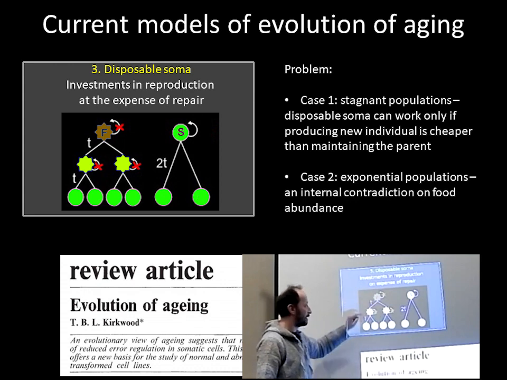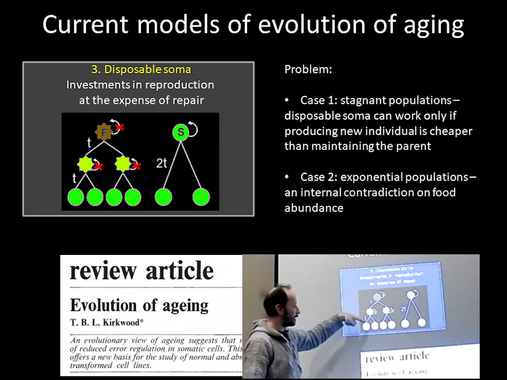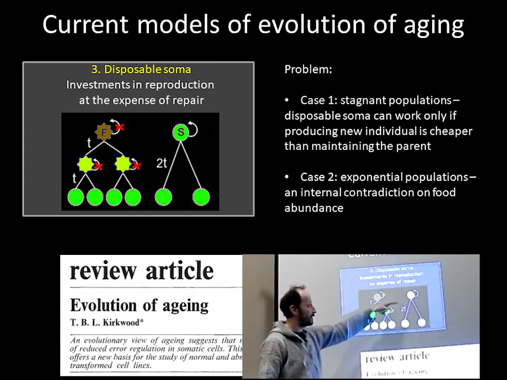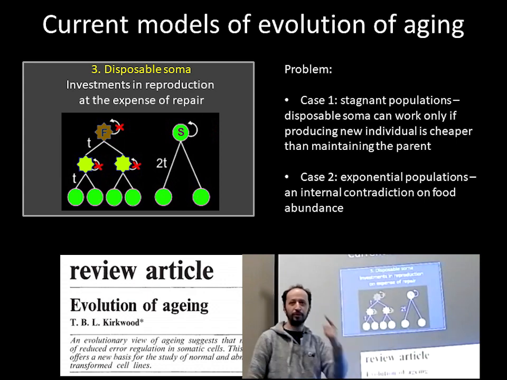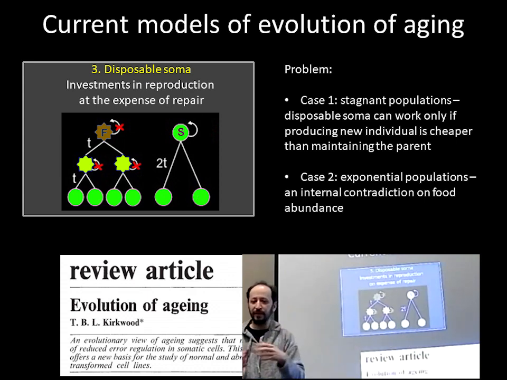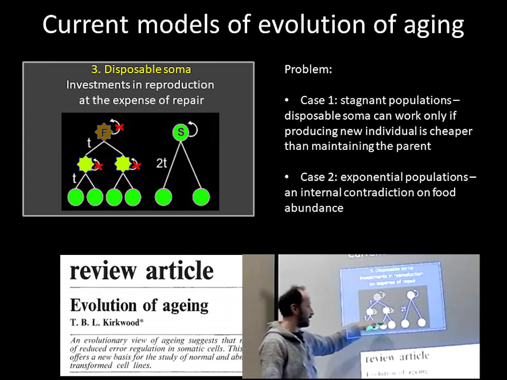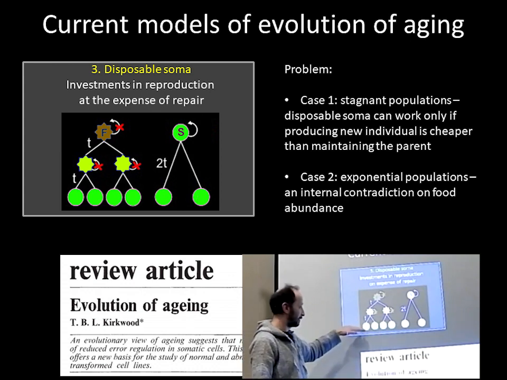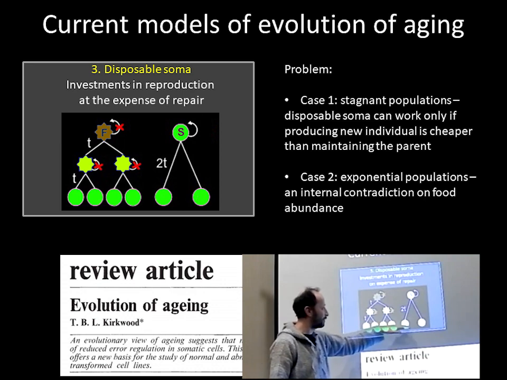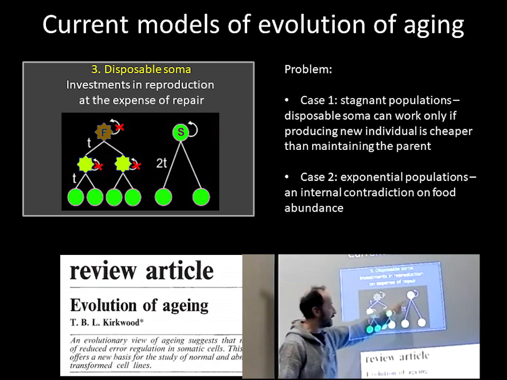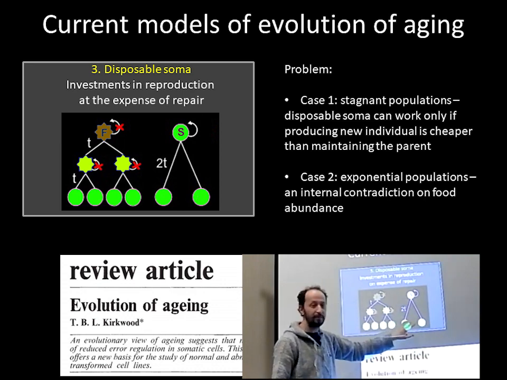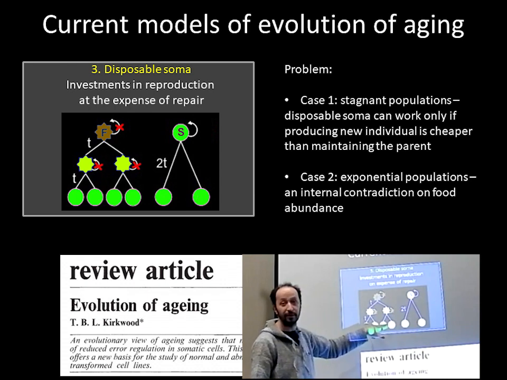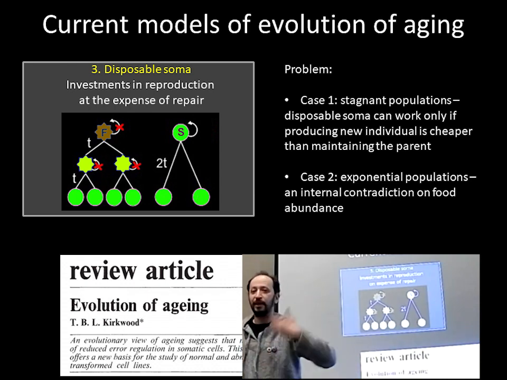They are able to produce 2 generations, while these slow agers produce only 1 generation. By the end point of this diagram, this has 3 animals, this has 4 animals. And with this, they can over-replicate the non-aging strain. This idea has 2 problems.